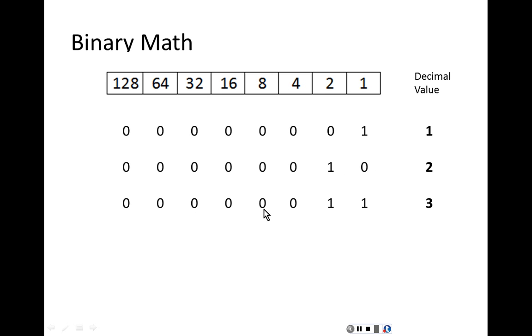If we take 6 zeros and 2 1s, that's equal to 3, because we have a 1 and a 2. If we have 3 1s, that equals 7, because that's a 1 plus a 2 plus a 4, add it up, and that equals 7. If you can understand that 3 1s equals 7, then you understand binary math.